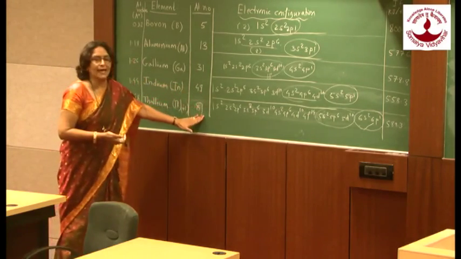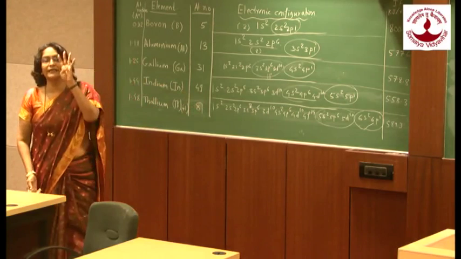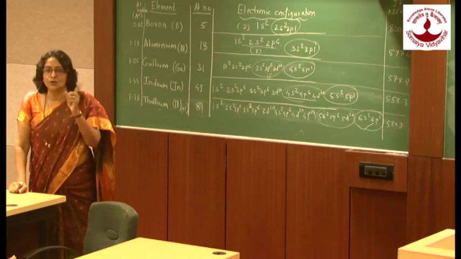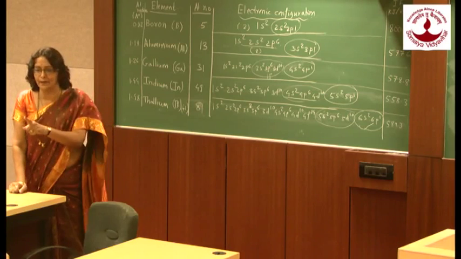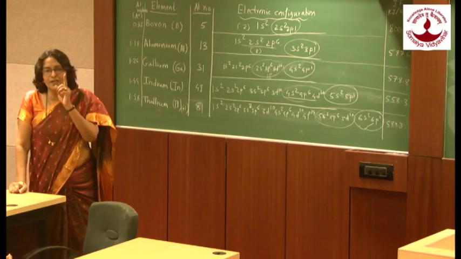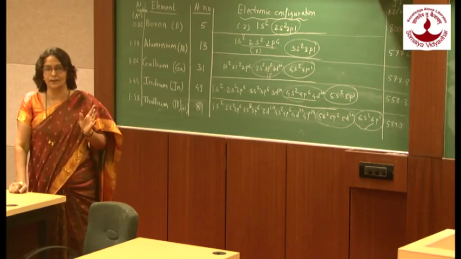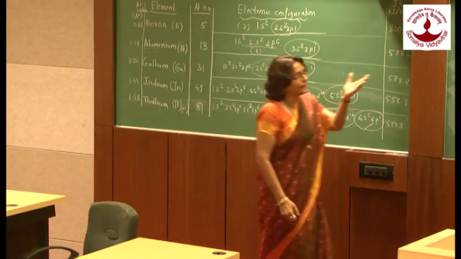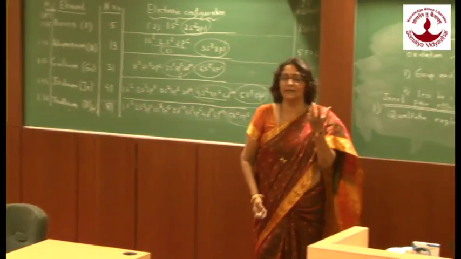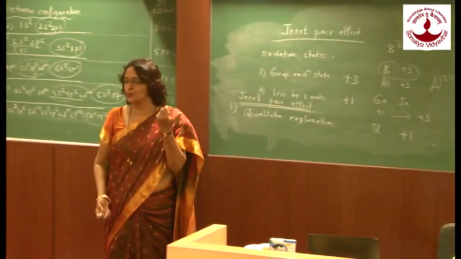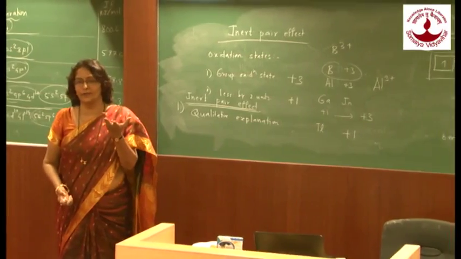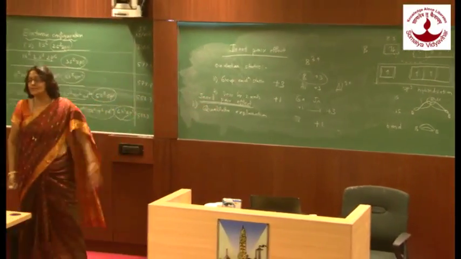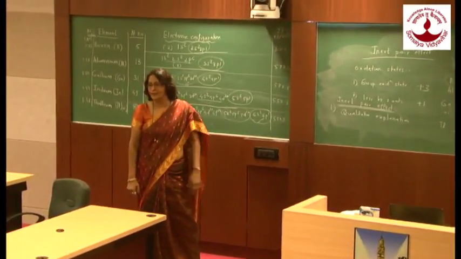So before thallium we have 14 lanthanides or 14 f block elements. So by the time you come to thallium, the nuclear charge has increased tremendously, and as a result of this increased nuclear charge, that pair of s electrons is held very tightly by the nucleus and it is not available for bonding. So this is a qualitative explanation for the inert pair effect.